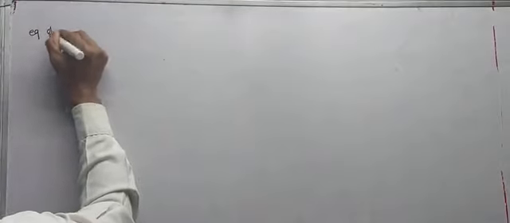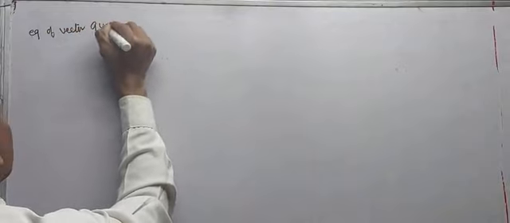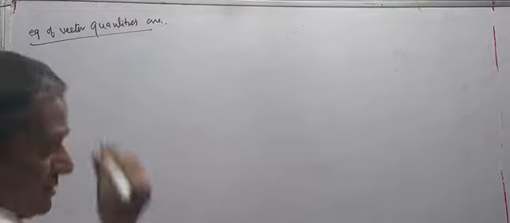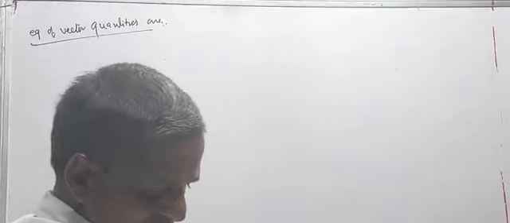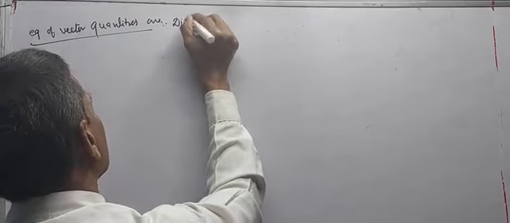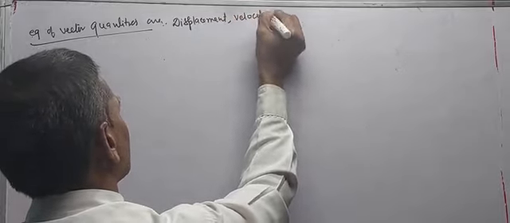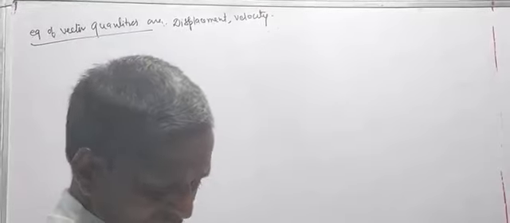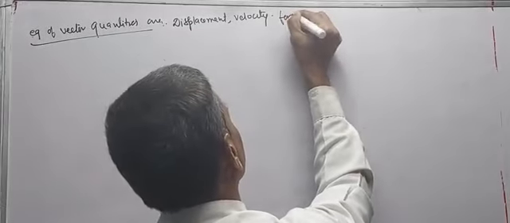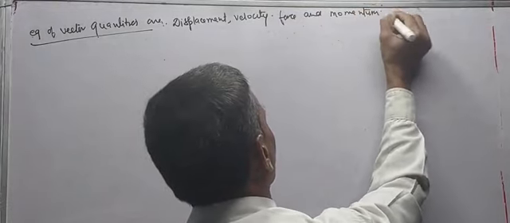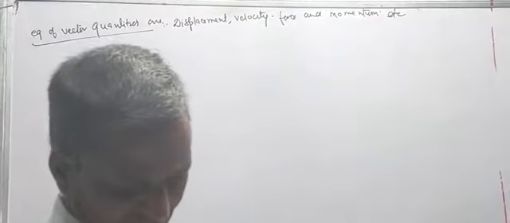Examples of vector quantities are displacement, velocity, force and momentum, etc.